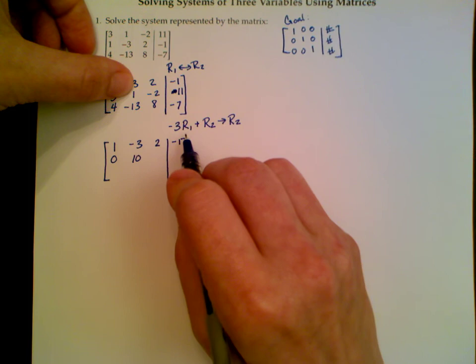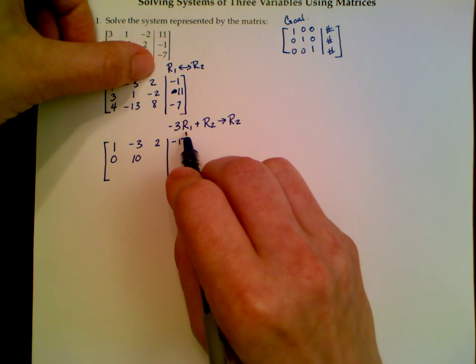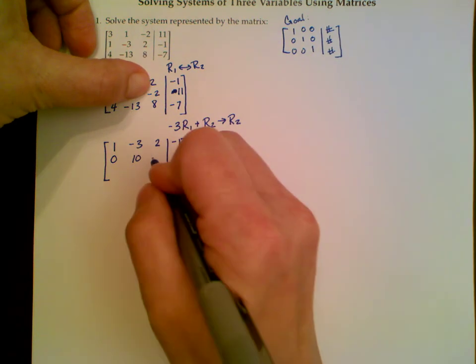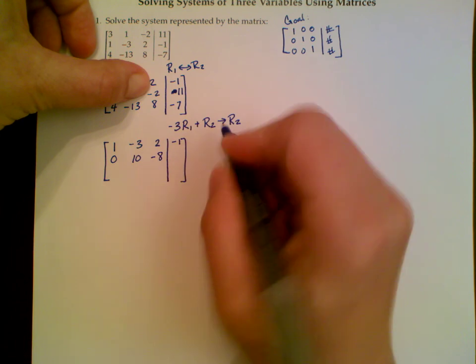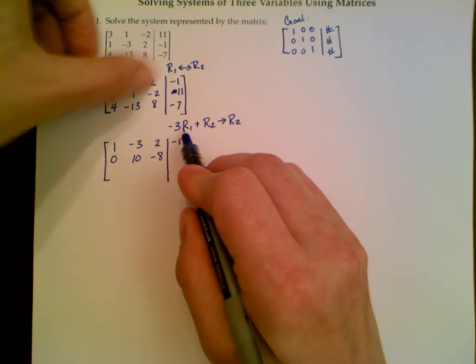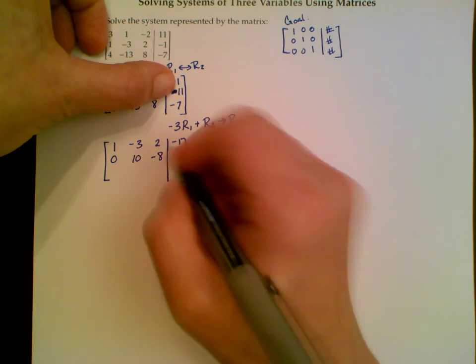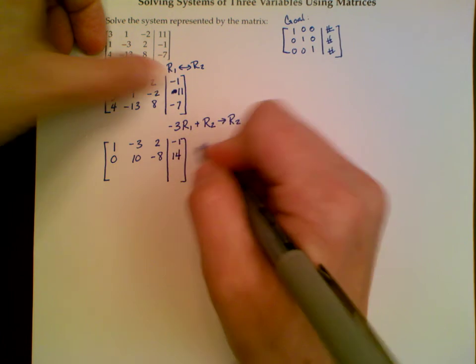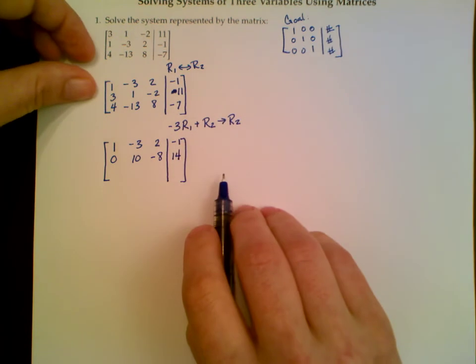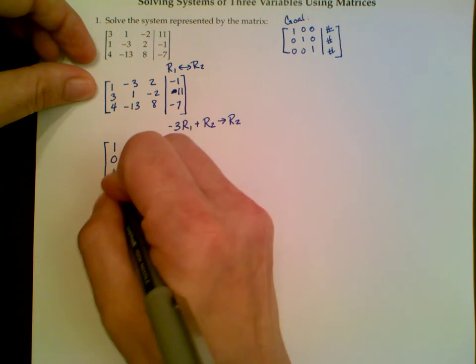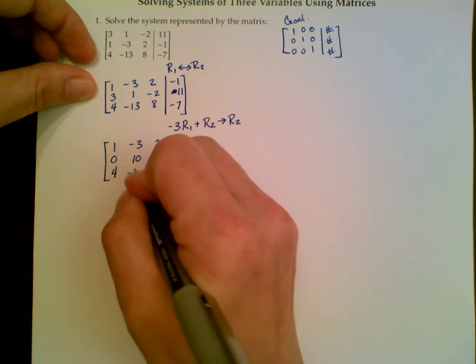Negative 3 times positive 2 is negative 6, plus negative 2 is negative 8. Negative 3 times negative 1 is positive 3, plus 11 is 14. All right, so there is my new row 2, and I'm going to recopy row 3 just as it is.